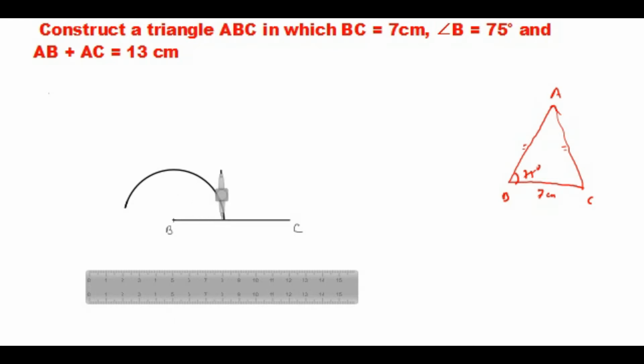So here you have to take first 60 degrees, then pick up the compass, put your pointer at this place, and take one more arc here, that will give you 120 degrees. Again take one more arc upside, and again lift up the compass.